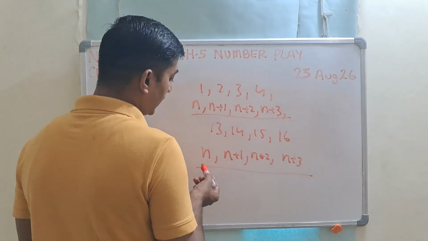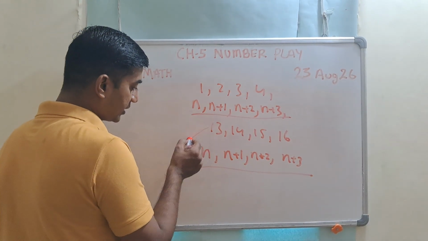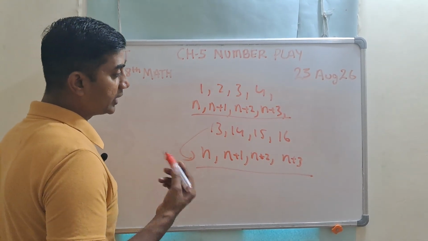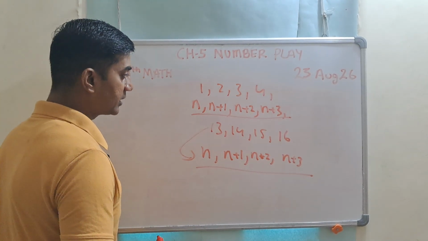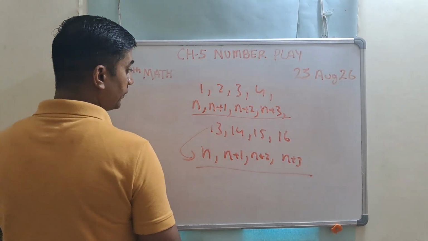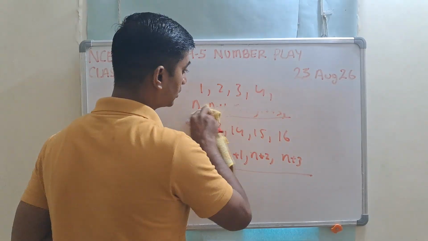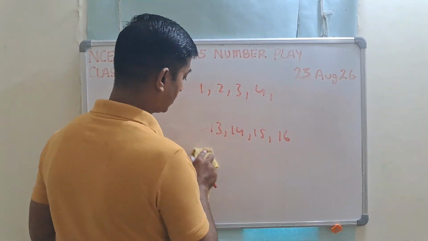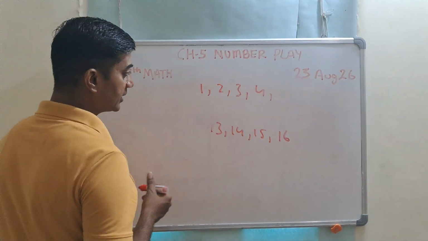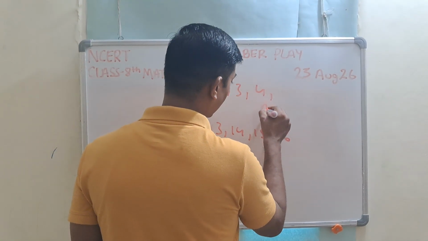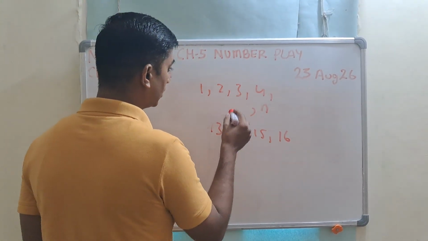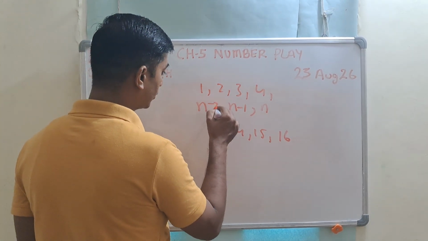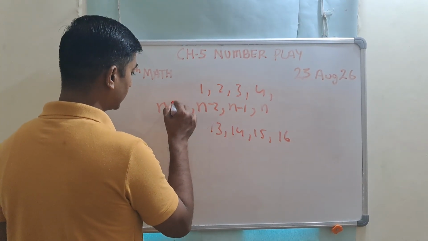Also, here we have assumed the smallest number. If we assume the largest number, what will be our result? Suppose we have assumed the largest number, this 4 is n, then this 3 will be n minus 1, this 2 will be n minus 2, and this 1 will be n minus 3.